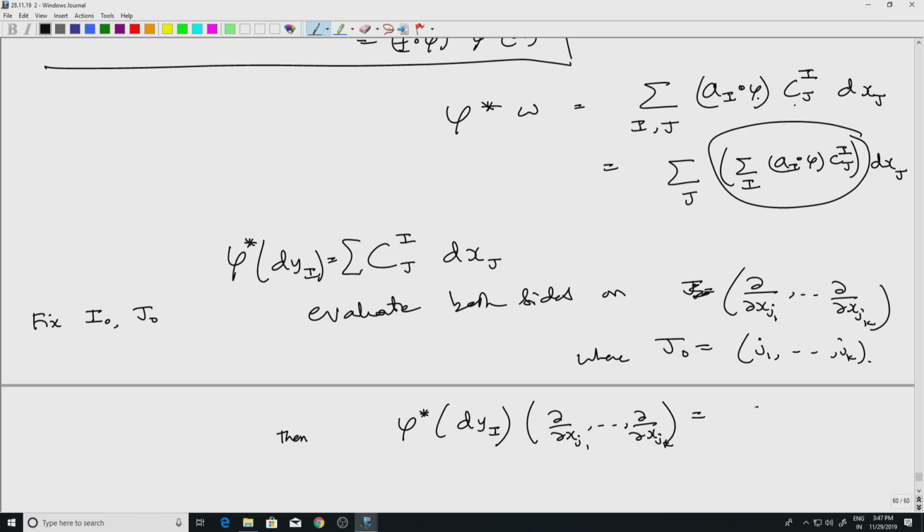This is our c_{IJ0}. Actually I don't have to worry about fixing I0, that's anyway fixed.